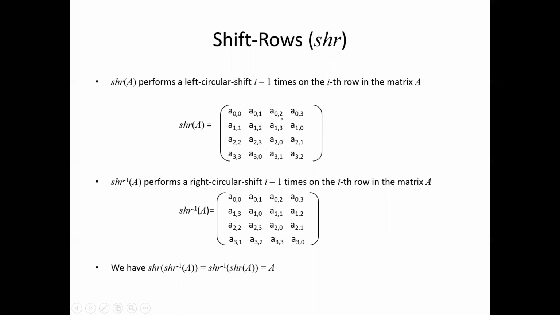The second row you shift 1 time, a left circular shift. That's how you get this result. Likewise, the inverse is a circular right shift, so you shift it back. That is simple.